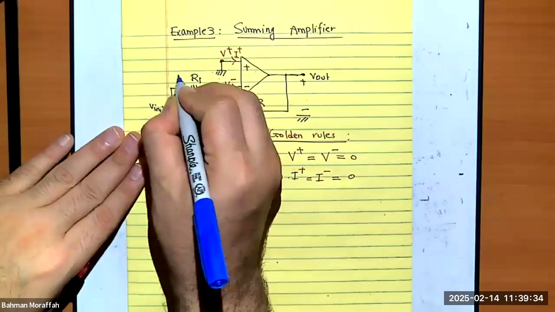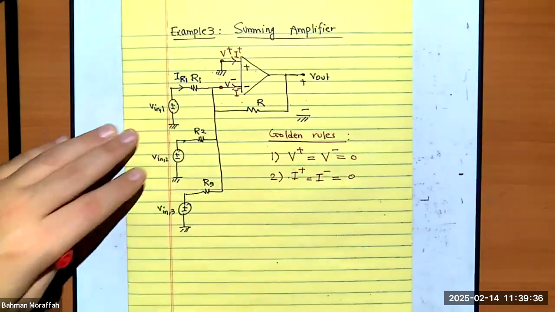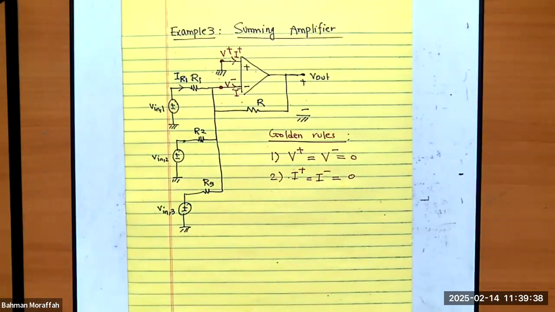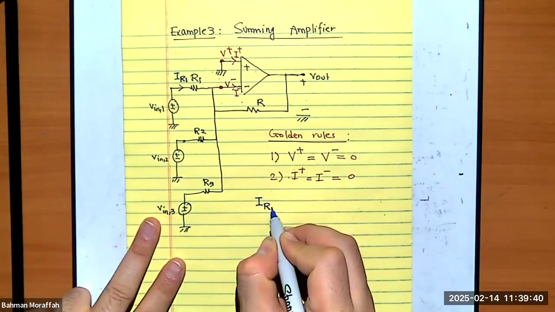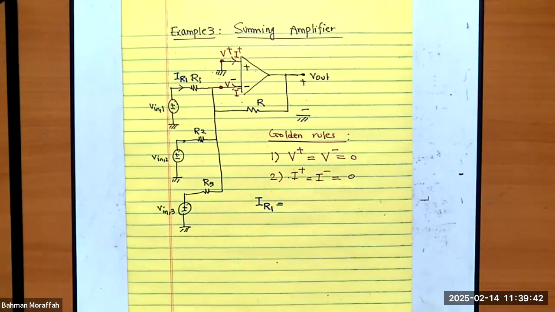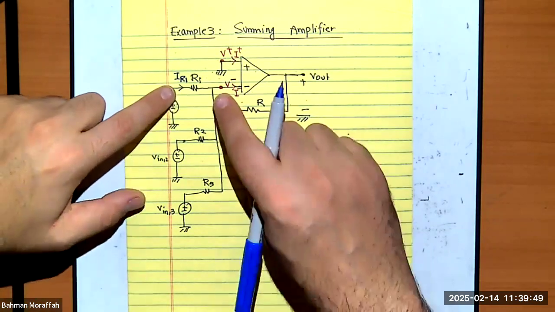Let's call the current through this one I of R1. Do you agree I of R1 is the voltage across R1 divided by its value? That's Ohm's law. What is the voltage across R1?